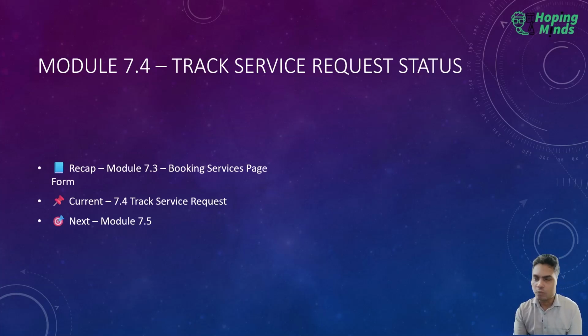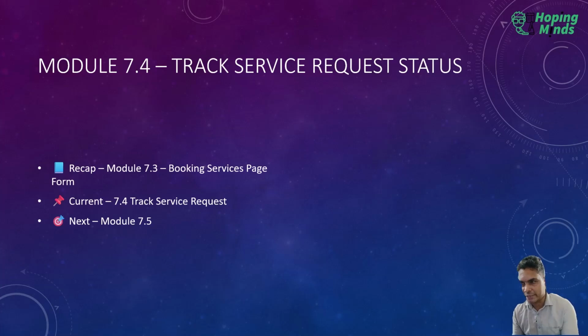Okay, so what did we learn in 7.3? We basically created a service booking form wherein you can put in all the details of your bike and the location and everything, and then you can submit it, and then it goes to the admin panel of all the service center, and we will have to create one more page on 7.5 wherein we will allow the user to choose a specific service center for the booking request.